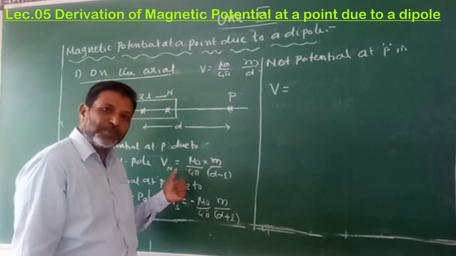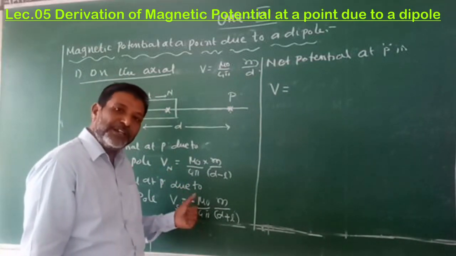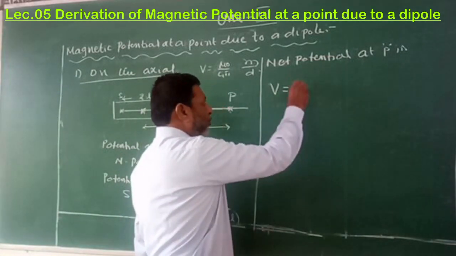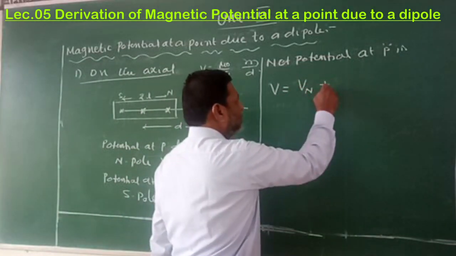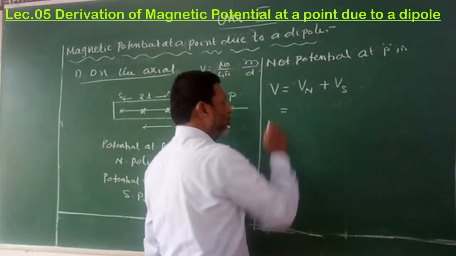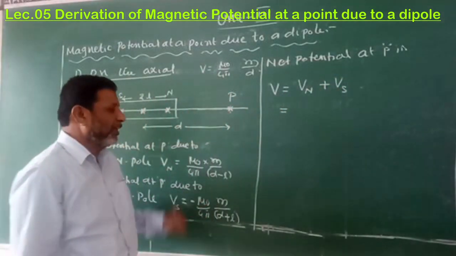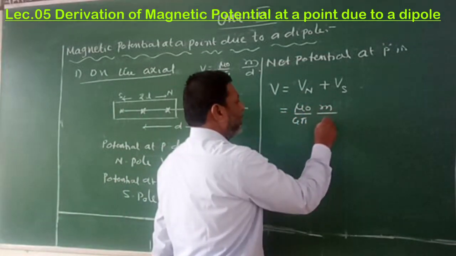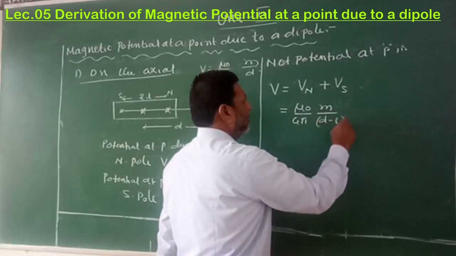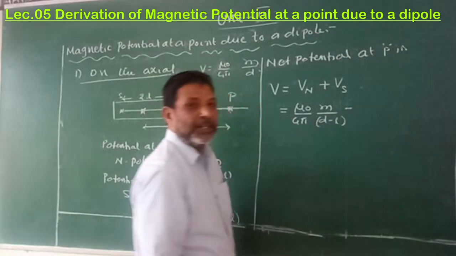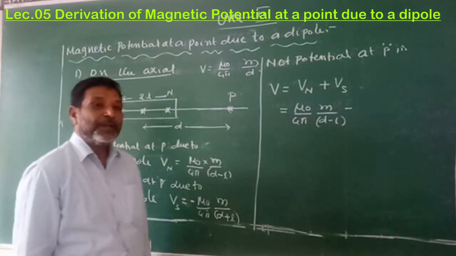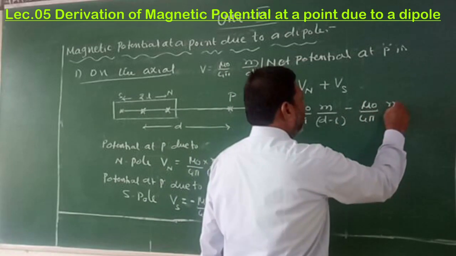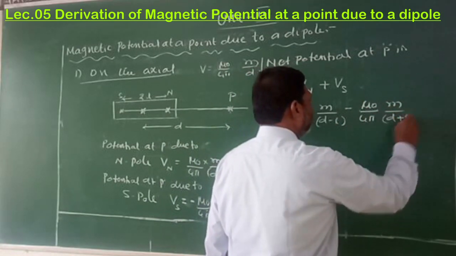Potential due to the North Pole is positive and due to the South Pole is negative, hence the net potential is equal to mu naught divided by 4 pi M divided by D minus L, minus mu naught divided by 4 pi M divided by D plus L.